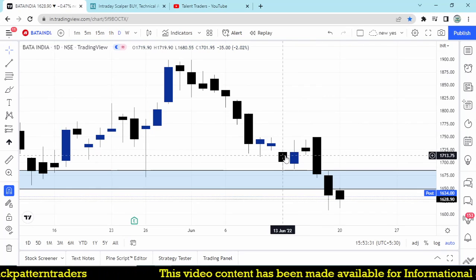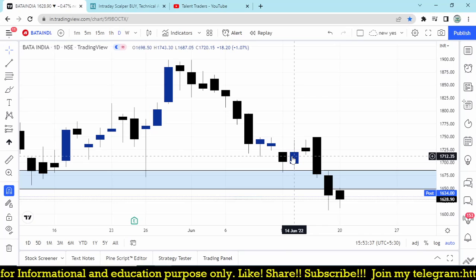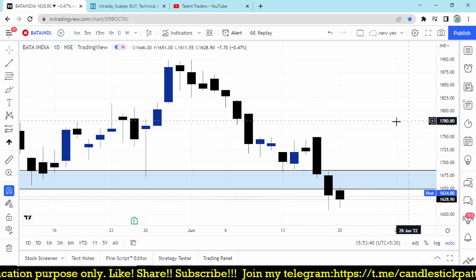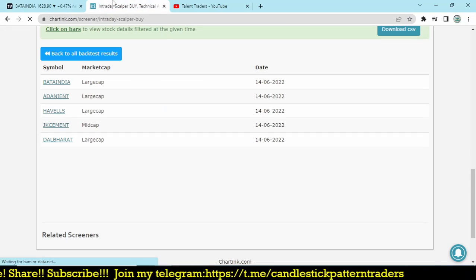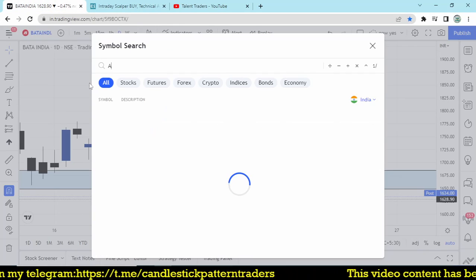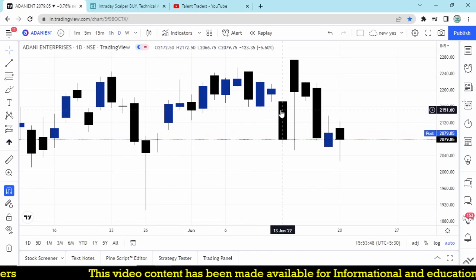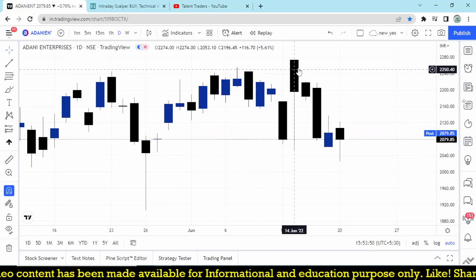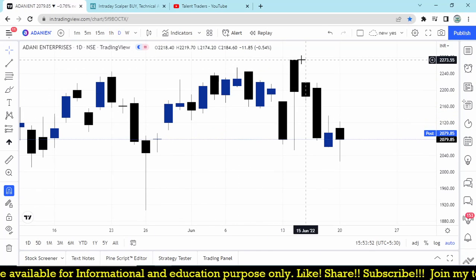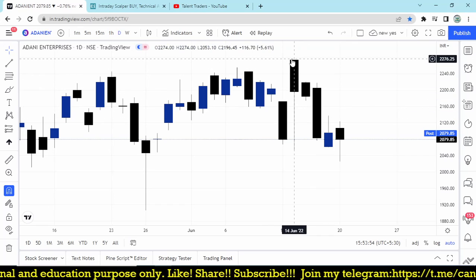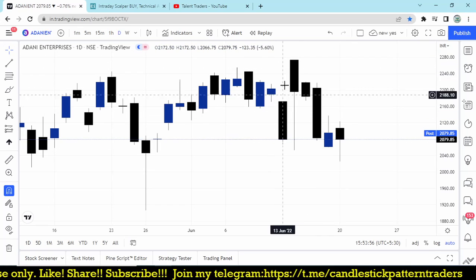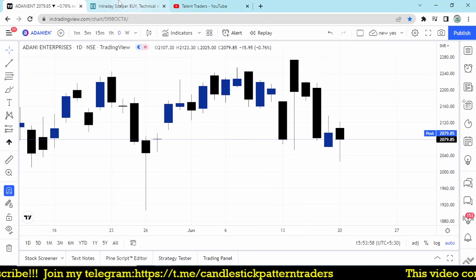Next day it broke, and that high is around 1719.90, almost 1720. Next day it went up to 1743. Once the high is broken, it will give you an opportunity. The same day, Adani and Havells, the 13th, maybe this, and next day it opened even higher above the level, so we don't have any opportunity on that particular one. We didn't get any opportunity for Adani Enterprise.